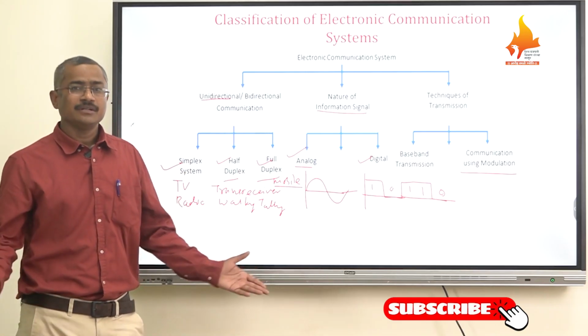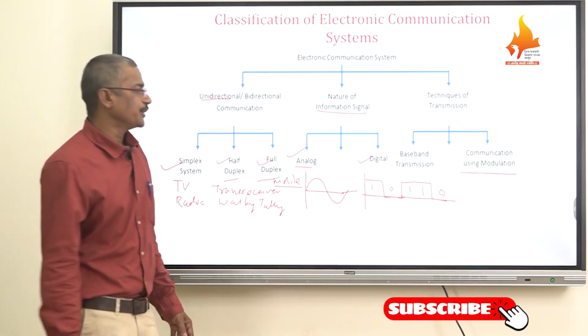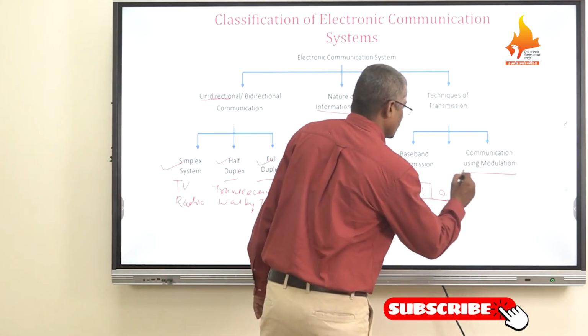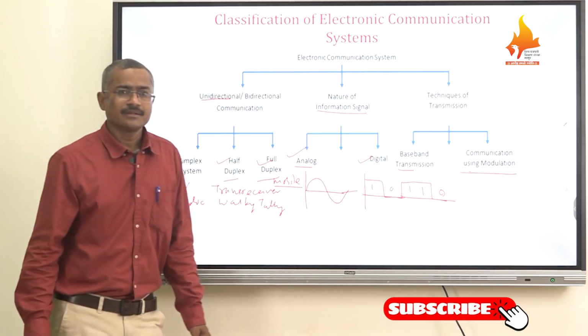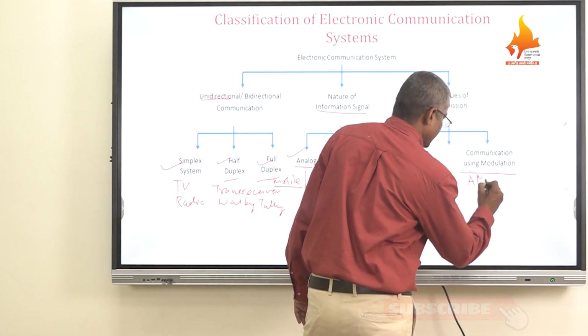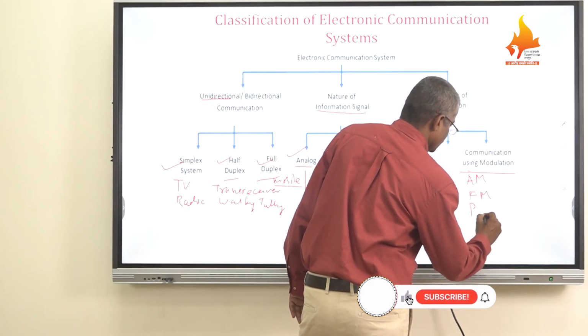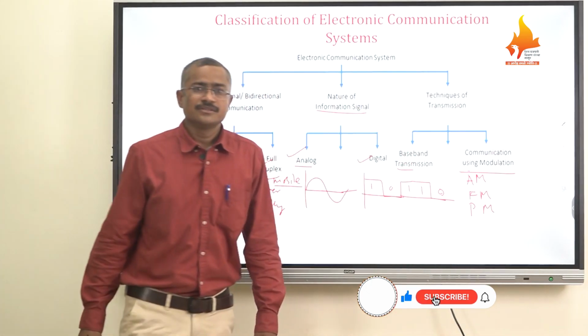And based on the technique used for transmission, you can have baseband communication or communication using modulation. In communication using modulation, the most popular schemes are AM, FM and PM, that is amplitude modulation, frequency modulation and phase modulation.